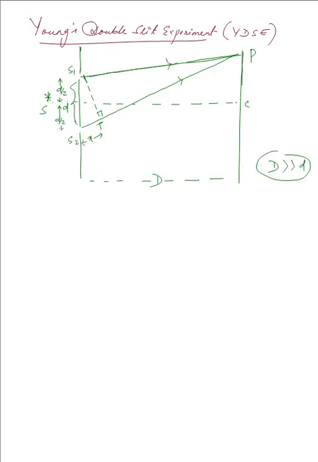Now, why do we need to obtain the path difference first? Because we wish to determine what exactly is going to happen at the point P, whether we are going to get a maximum intensity spot, that is a bright spot, or a minimum intensity dark spot.